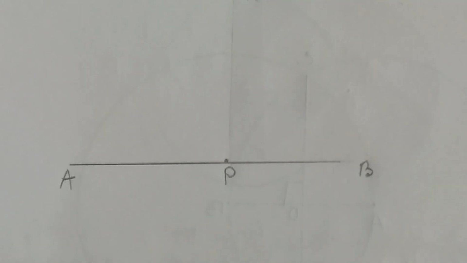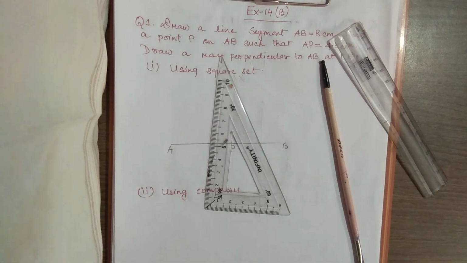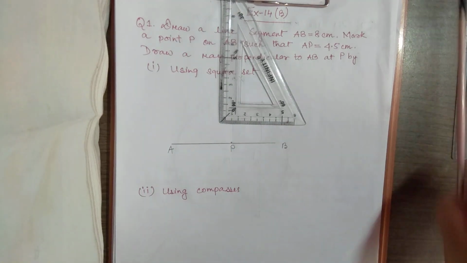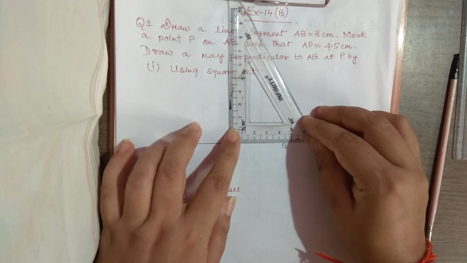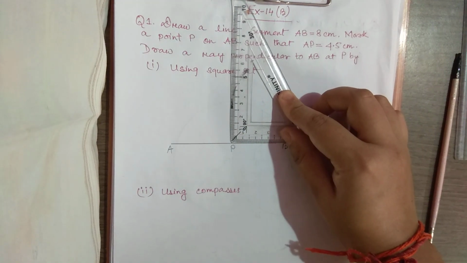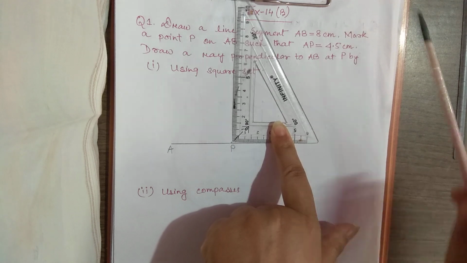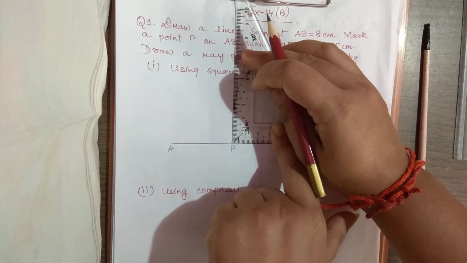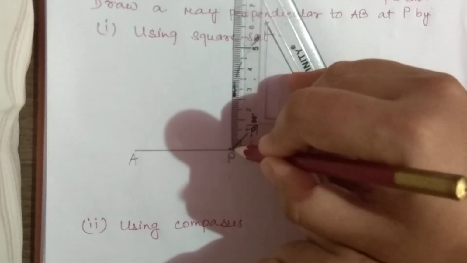and this will be P. Now at this point P, I need to draw a perpendicular using this square set. Now how will I draw? This is the base of the square set. We will take the square set and the base should coincide with the line, and this corner point should coincide with P. Then with the help of a pencil, we will draw this line.